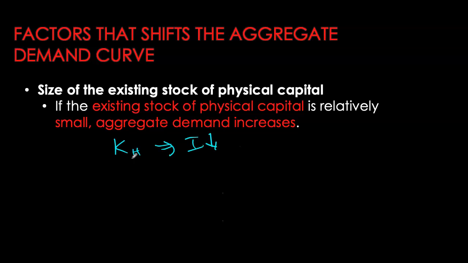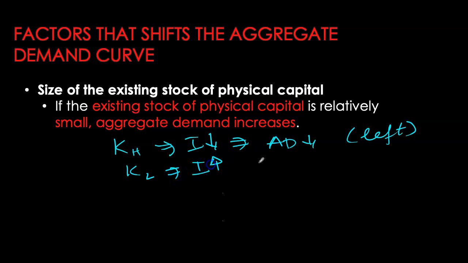So we see economies which have high stocks of physical capital having a decline in their investment spending, causing their aggregate demand to decrease or shift to the left. Whereas economies which have low stocks of physical capital have a huge incentive to pursue additional investment spending, and they see higher investment and therefore increases in their aggregate demand, which generate a rightward shift in the AD curve.